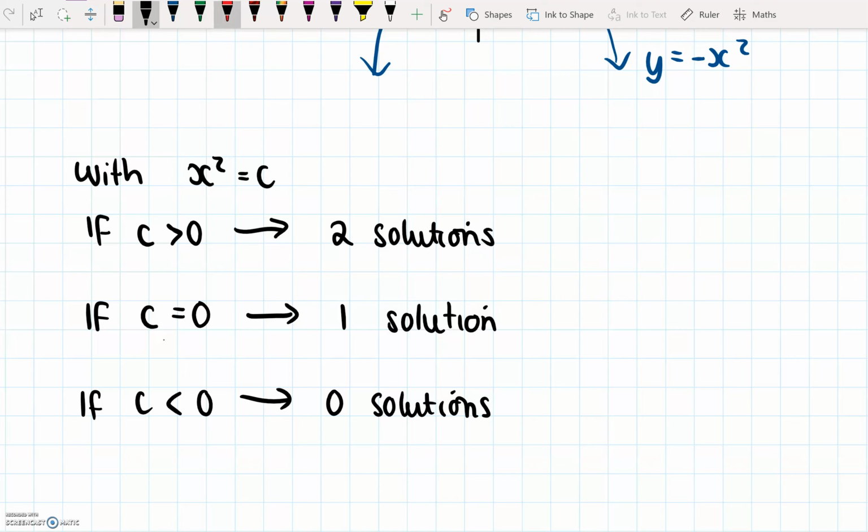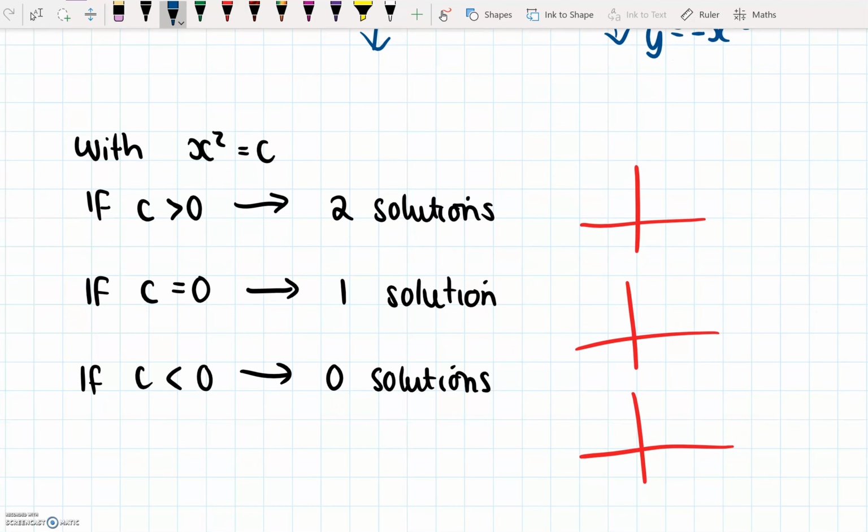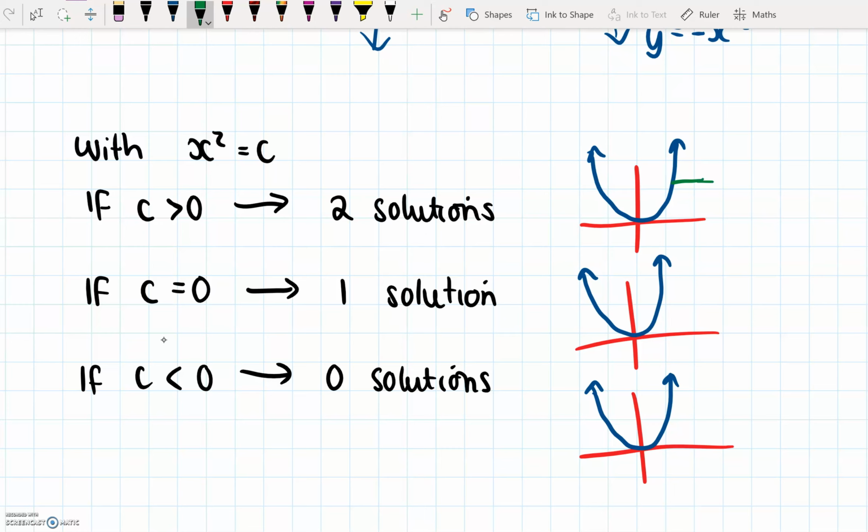Again, this is because on our axes, in all of them, this is y equals x squared. In our first example, if c is positive, that means it's up here somewhere, and you can see it meets it twice.